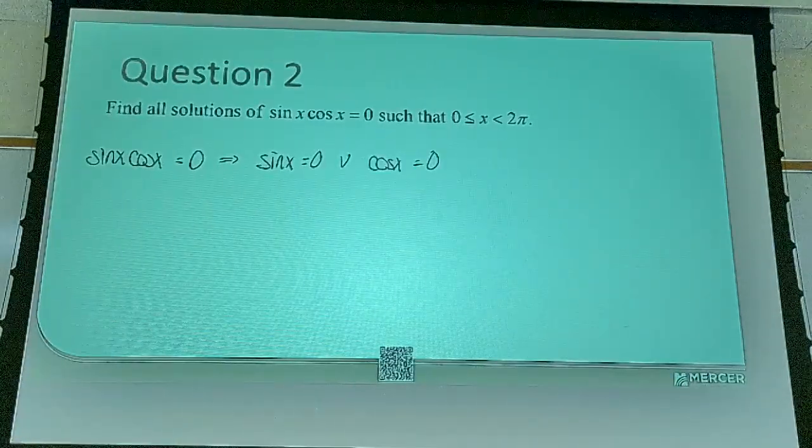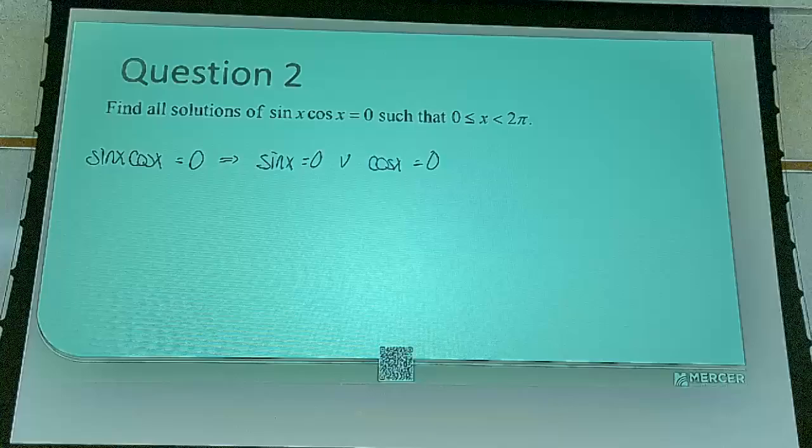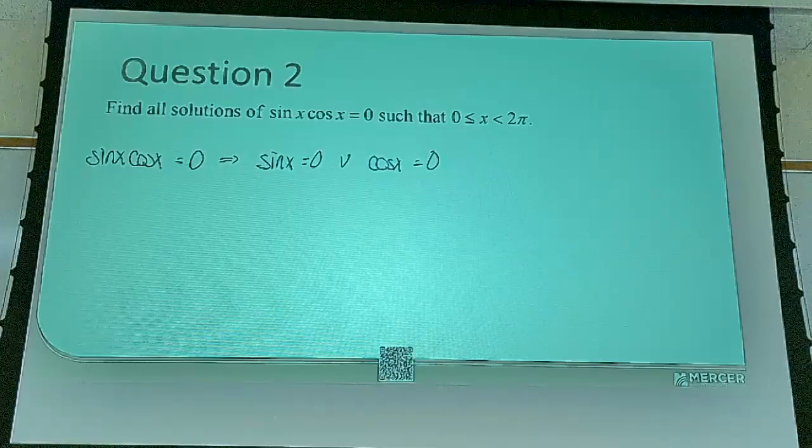Sine x times cosine x equals 0. Now remember your zero property: if the product of real numbers is 0, then at least one of them must be 0. So we're going to get sine x equals 0 or cosine x equals 0. We'll start with sine x.